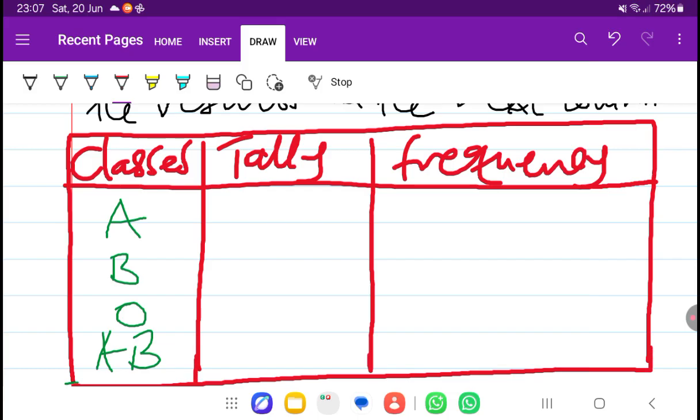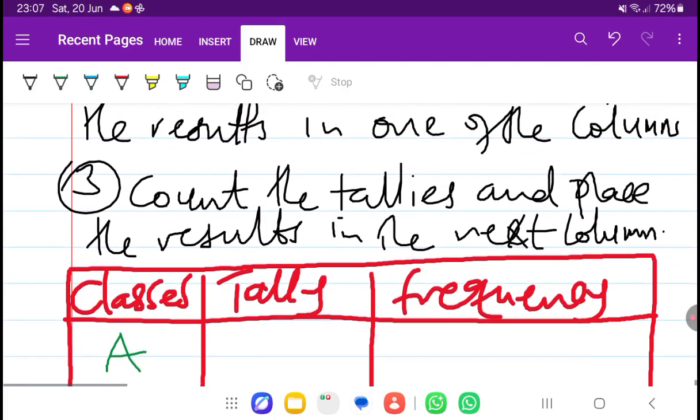Then we go on the side of tallying. Of course, you have to make the column for tallies a little bit bigger compared to the others, because for the tallying you have to be tallying those items. Now you can see, if you check out the question, if we scroll through the questions and look for class A, this is how we do the tallying.